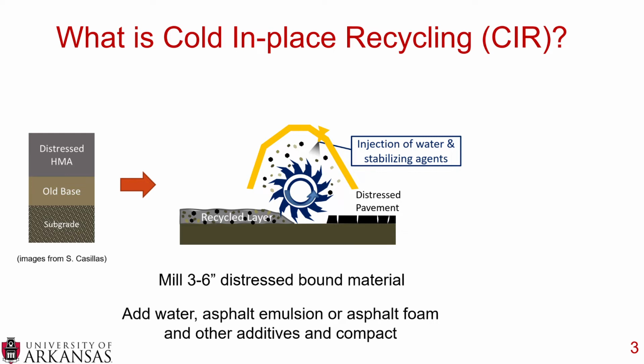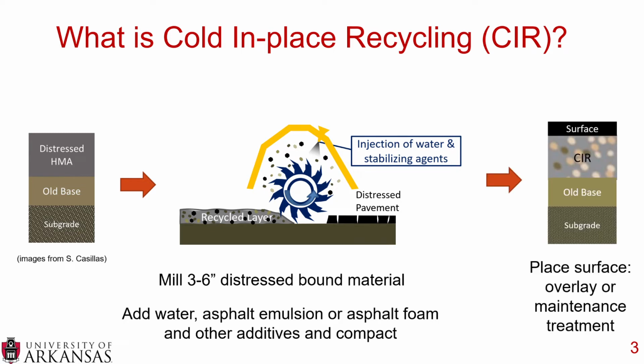And the stabilizing agent can be asphalt emulsion, asphalt foam, or other additives, and then you compact that milled material. You can place a surface on top, either a HMA overlay or a maintenance treatment, and then you have a new riding surface with a semi-bound material, which is a CIR, on top of the old base which rests on the subgrade.